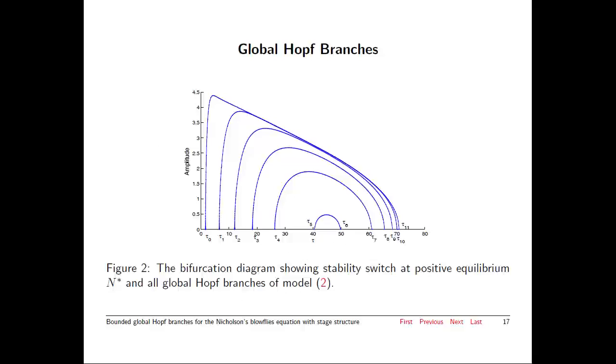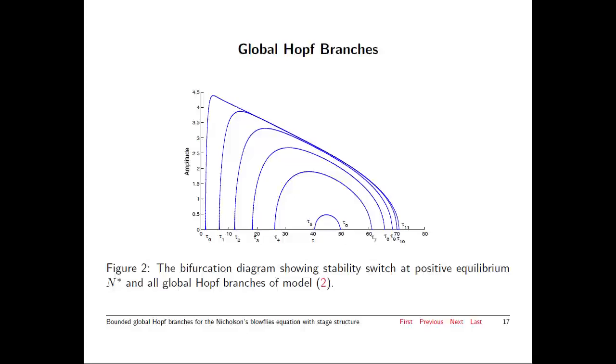The horizontal axis describes the time delay tau, and the vertical axis describes the amplitude of the solution, meaning the maximum of N(t) minus the minimum of N(t). Each curve is a global Hopf branch. This is the first global Hopf branch, and we can see it is bounded and exactly connects the first Hopf bifurcation value and the last Hopf bifurcation value. This is the second branch, connecting the second bifurcation value and the second-to-last bifurcation value, and so on. We can see each Hopf branch is bounded.